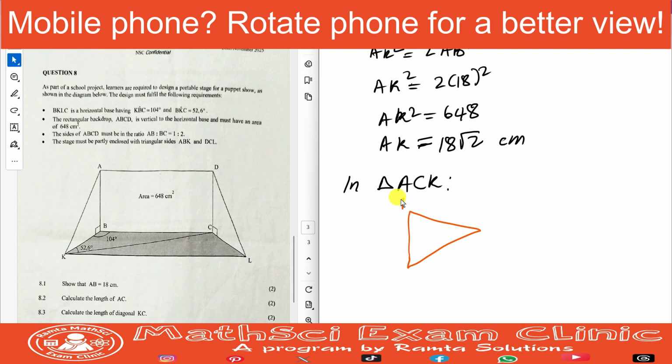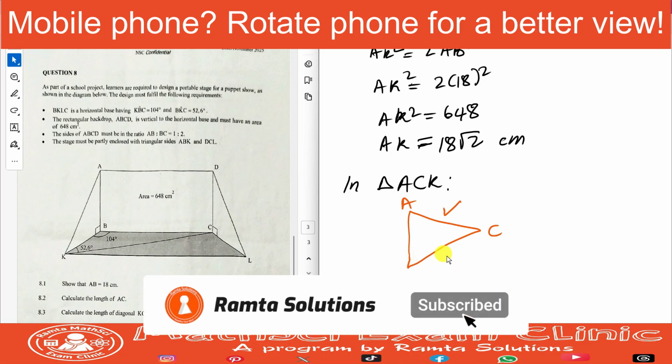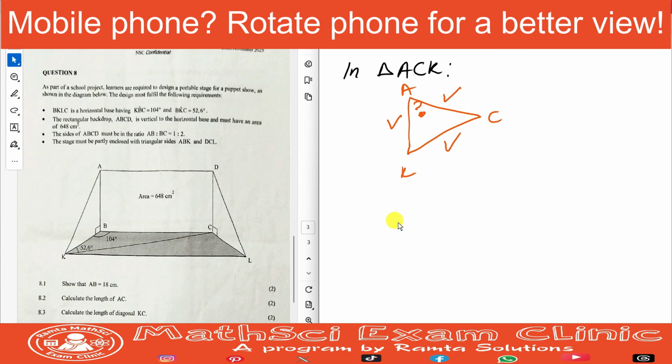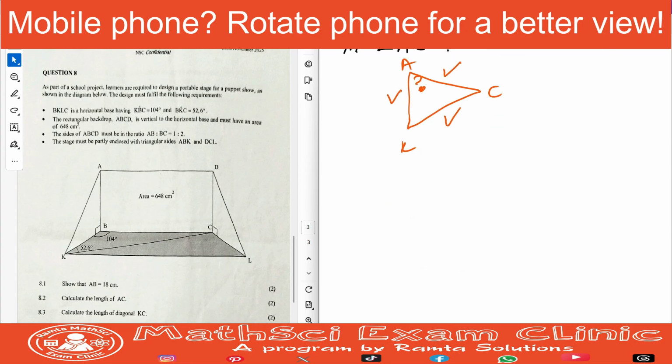This is A, this is C, this is K. This one we know, and this one, KC, we also know, and we just found this one here. They want us to find this one. So definitely we are using cosine rule.